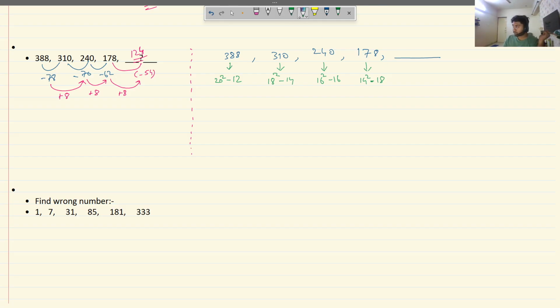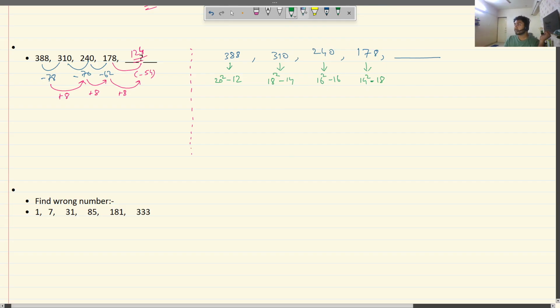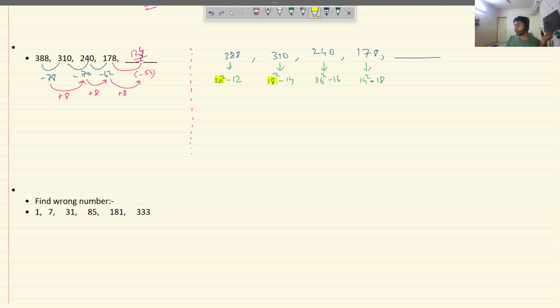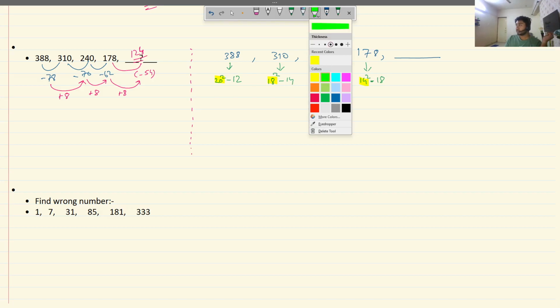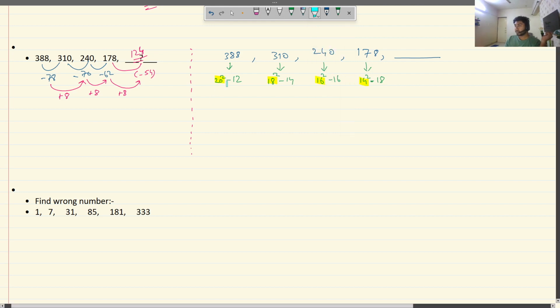So the logic is the square of even numbers that is reducing, 20, 18, 16, 14. Squares of even numbers that are reducing, and along with that we are subtracting an even number that is increasing.